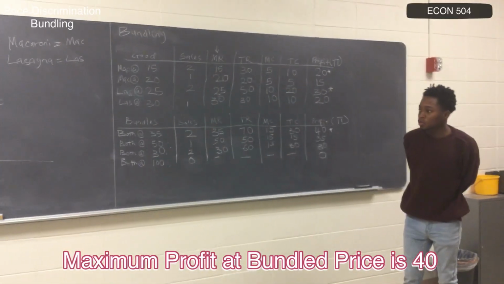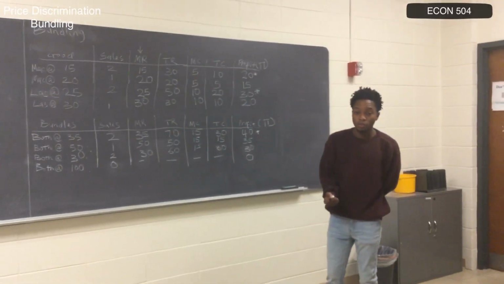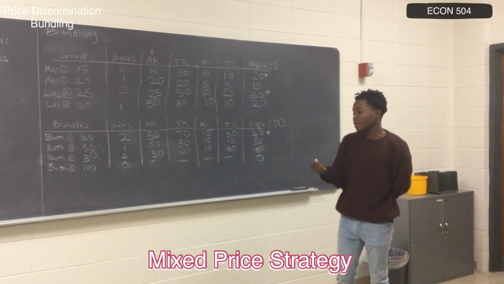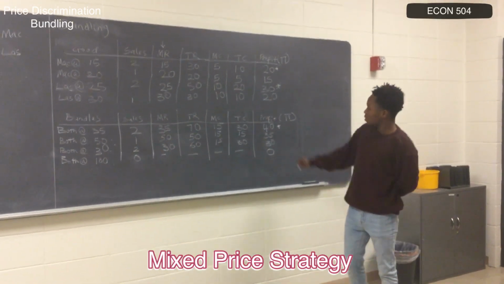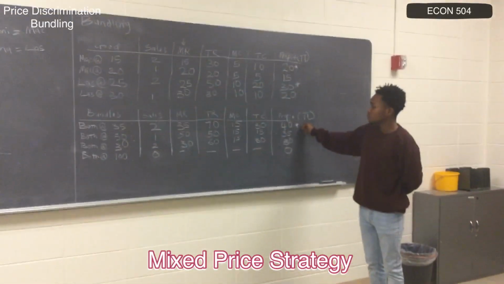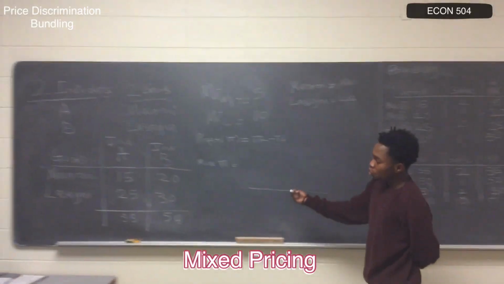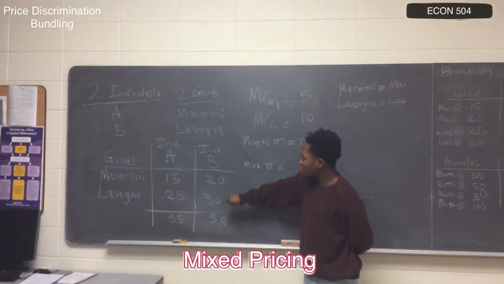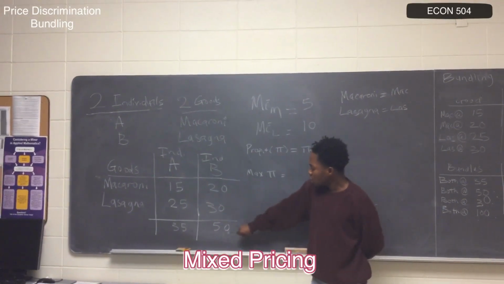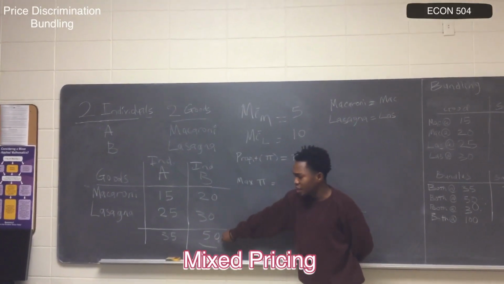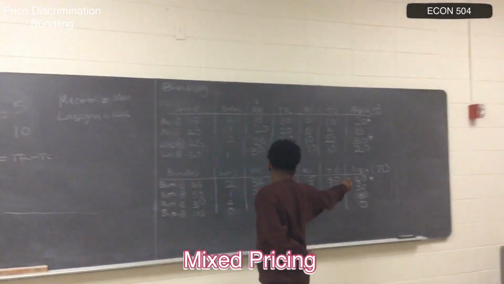But I could also try another strategy called mixed price strategy. So I could take the highest profit here, which is 40, because if I sell both goods to the second individual, the price that I make is 50 here, but the profit I make is 40.